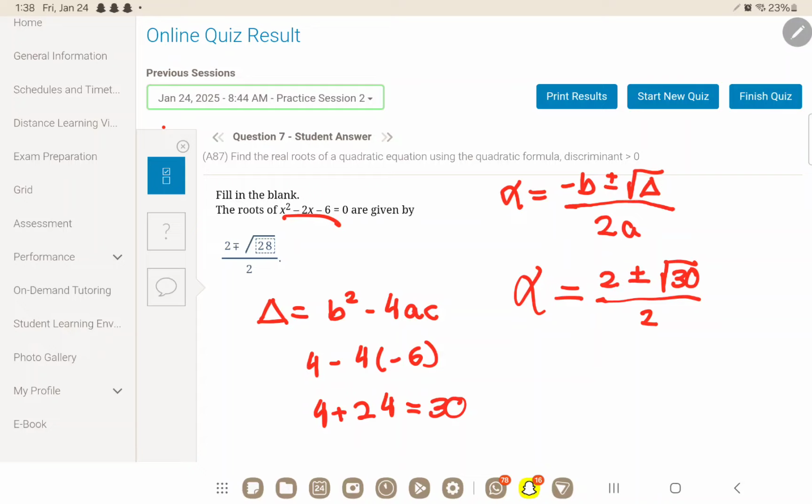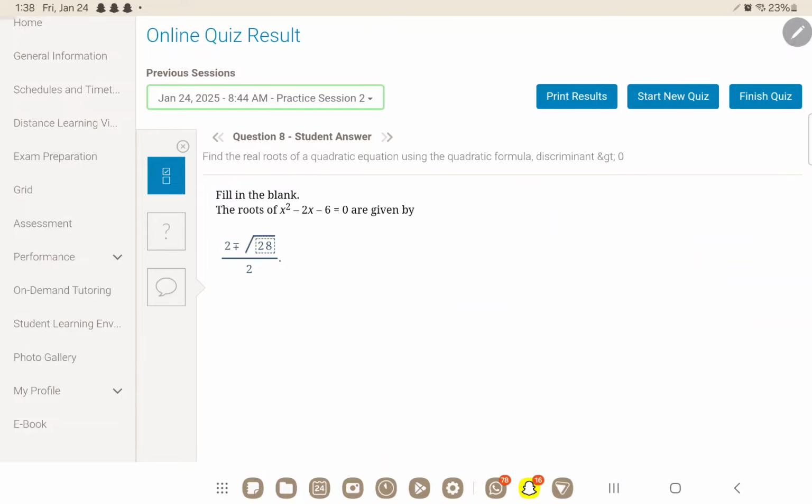Since, sorry, 30, where did I get 30 from? 24 plus 4 is 28, my bad, guys. So here they gave us the 2 and the 2, so you didn't have to factor out anything. You just put delta in the box. That's it. Moving on to the next question.